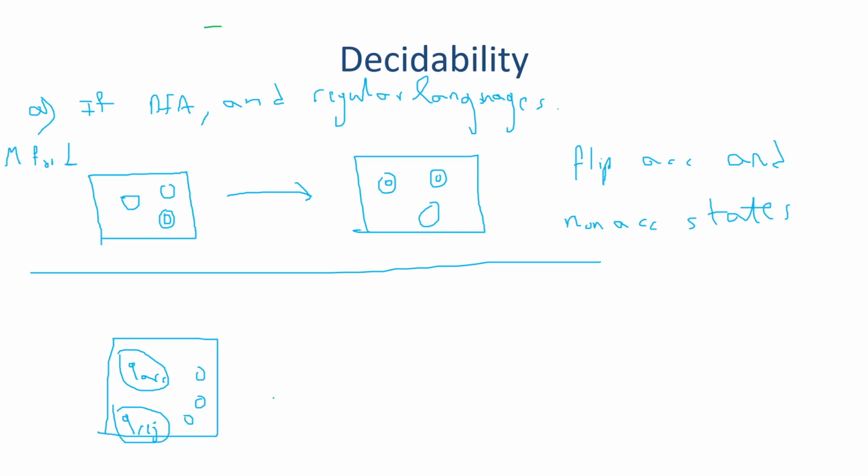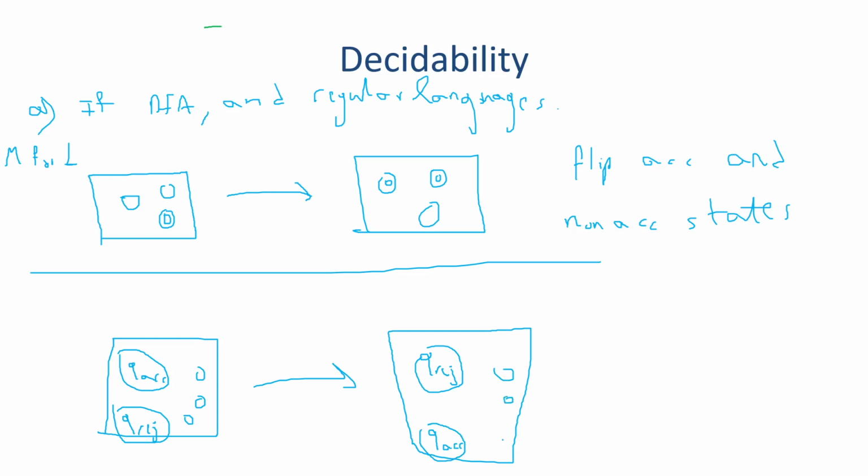So is it enough to say I just flip the accepting and rejecting states? Here this was accepting, so now it's rejecting, and here it was rejecting, so now it's accepting. Is this enough? And then you have some other states.